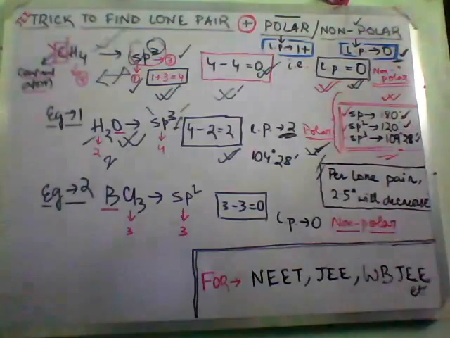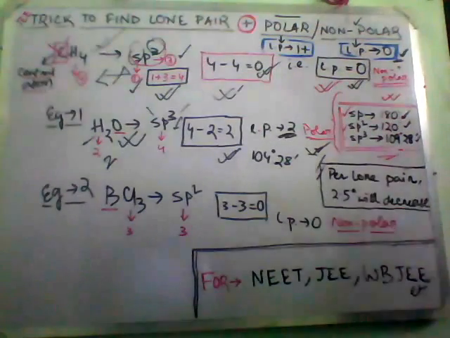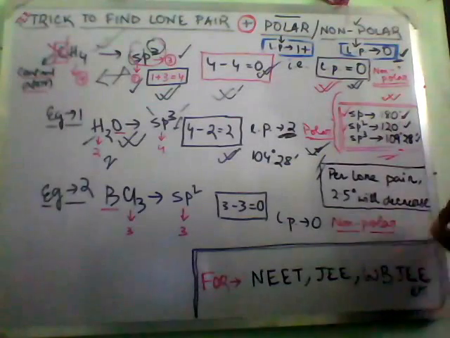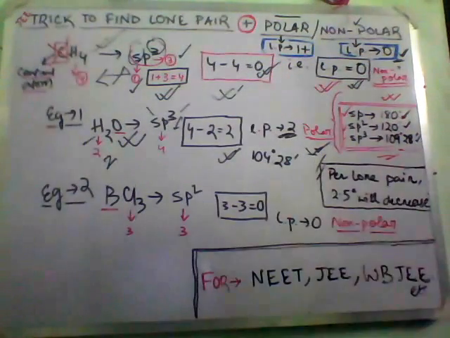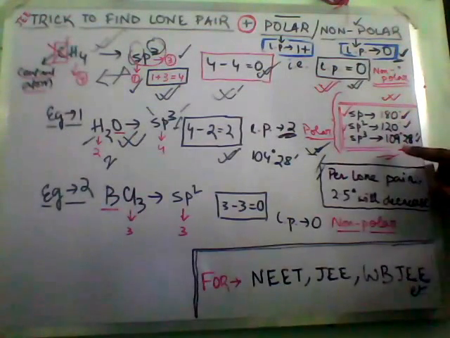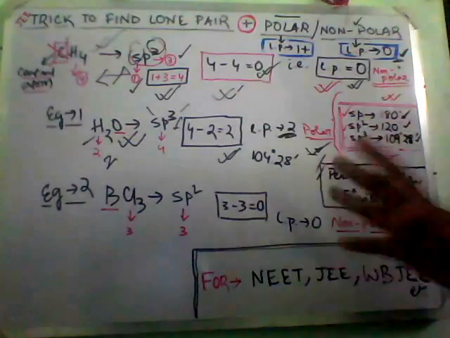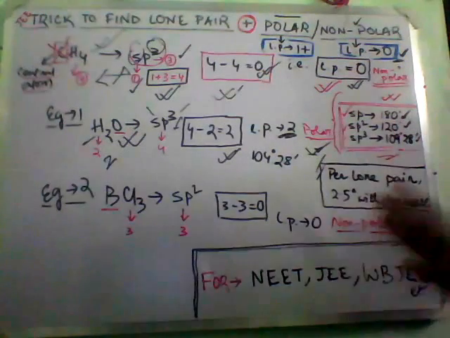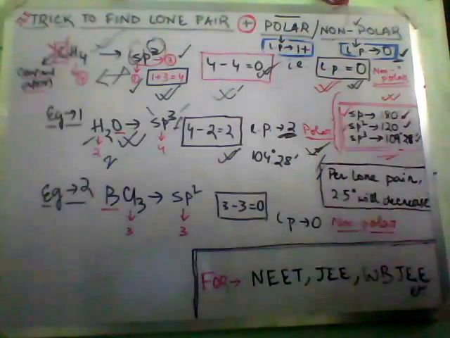Now the geometrical constitution, one thing: per lone pair, 2.5 degree will decrease. Means for sp3 you can see it's 109 degree 28 minutes, and 2 lone pairs are there, so we're deducting 5. 2.5 into 2, it's 5, so we're deducting that from it, and we're getting 104 degree 28 minutes.